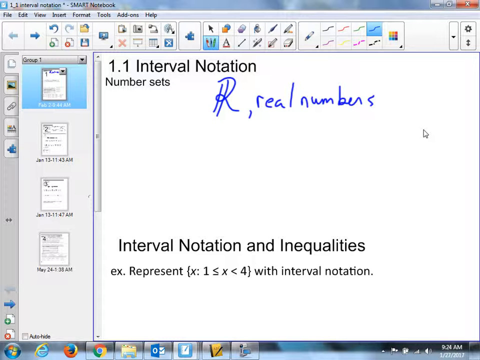Within the real numbers, you could get into two different sets. And you could break these down further. Sometimes you'll see a Q with a line through it. We call those the rationals and then the irrationals.